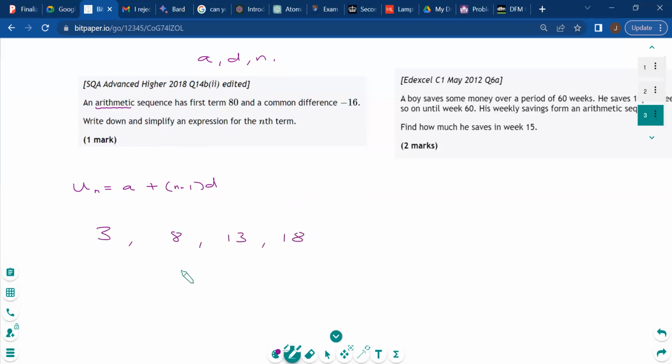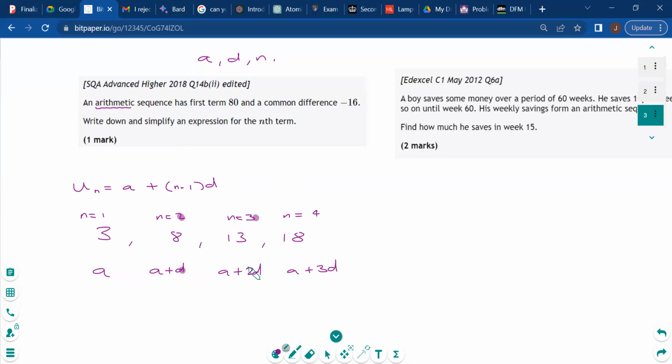And I'll just show you again very quickly that this is pretty intuitive. So if this is the first term, this is called A. So how do you get to the next term? Well, you add on the difference. The next term, you add on the difference twice, and so on. And if you remember that n refers to the position, so this is the first position, the second position, the third position, the fourth, and so on, you'll spot a basic pattern, which is that the value for n and how many differences there are, the differences seem to be one behind.